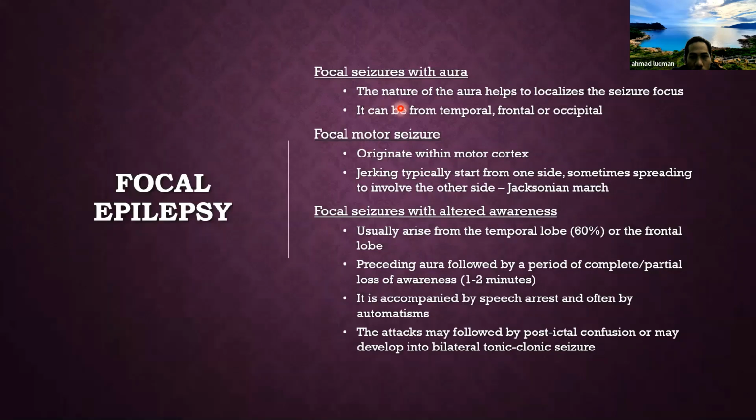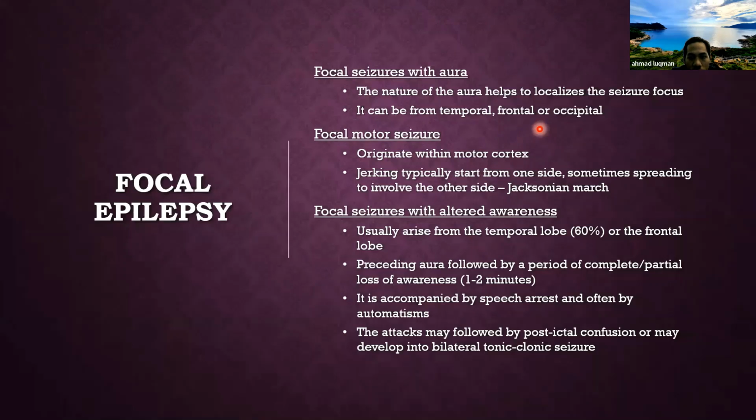For focal seizure with aura, the nature of the aura helps to localize the seizure focus. It can be from the temporal, frontal, or occipital lobe. Different areas will manifest into different behavior or features. If temporal, the patient might have altered perception, nausea, or vertigo.